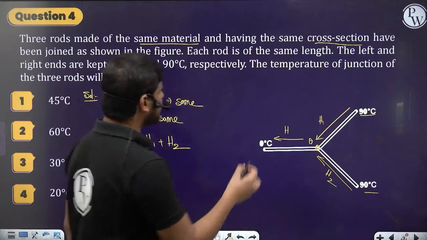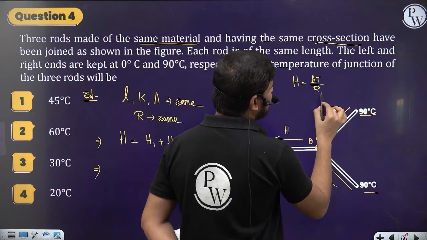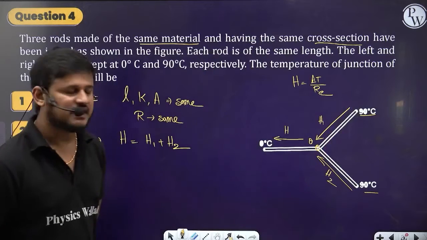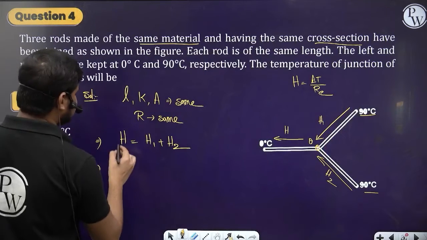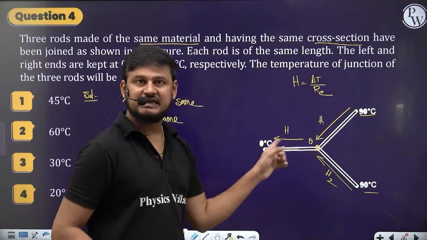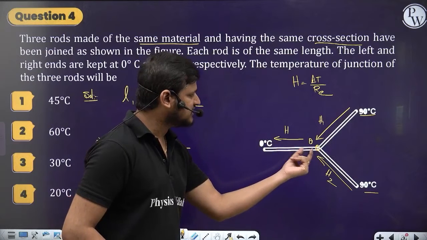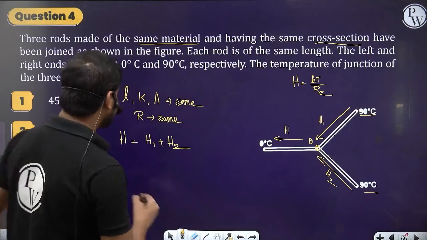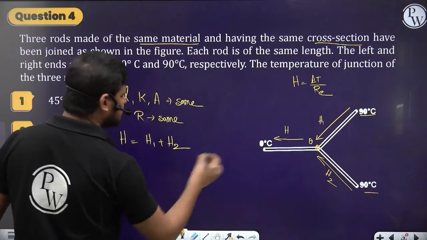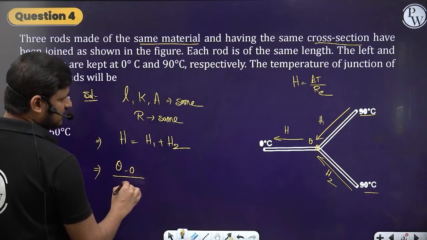We know that H is equal to delta T by R equivalent. Here H is flowing in this, right? So what is delta T? Theta minus 0, by the R equivalent.